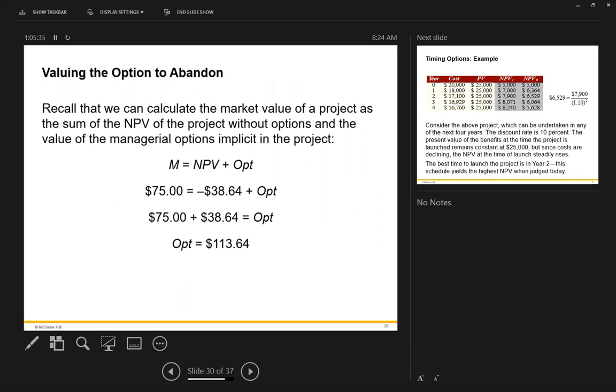So we recall that we can calculate the market value of a project then as the sum of the net present value of the project without the option. So we have that negative 38 and the value of the managerial option implicit in the project. So that's 75. So our value of our option here is 113.64.